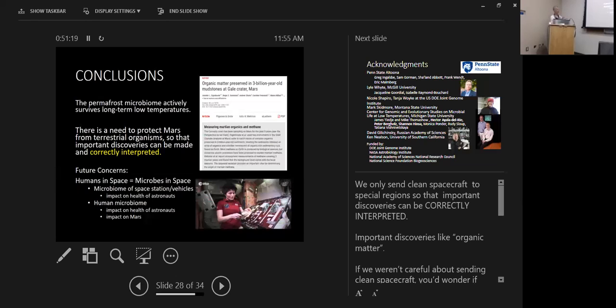And, you know, we do send clean spacecraft to these places, as clean as we can get them with our abilities, so that we can correctly interpret that data to try to better understand whether those organics are representative of perhaps abiotic synthesis on Mars, perhaps those organics got there from meteorites or comets that brought the organics there, maybe it's some evidence of fossil life. We don't know, okay? But of course, we have to be very careful with how we do those analyses so that we can better interpret what that means for Mars and then what it means for life in general. It would be nice to know if abiotic synthesis can happen on Mars too. That would be pretty cool.